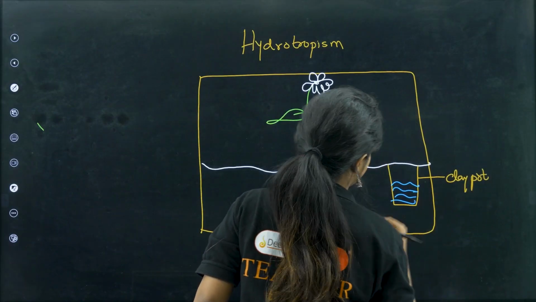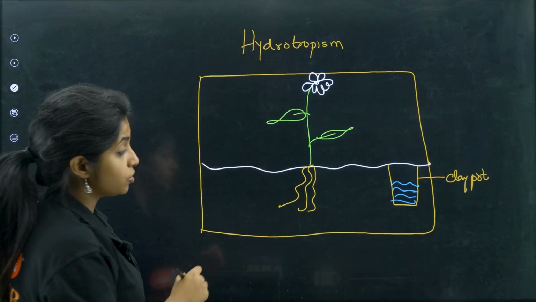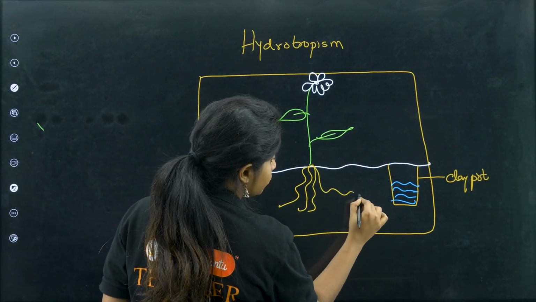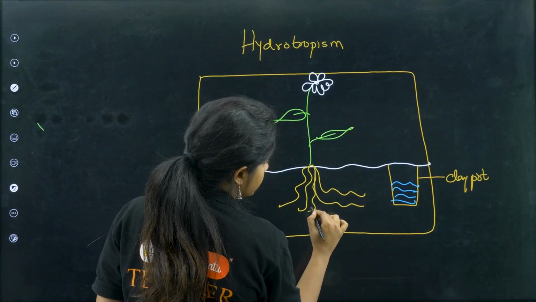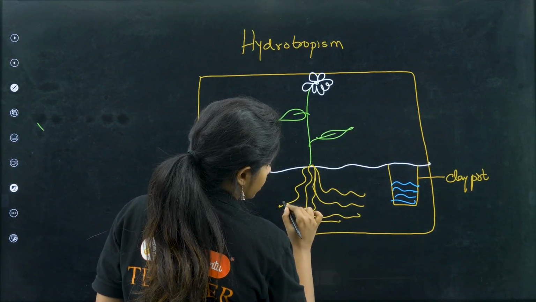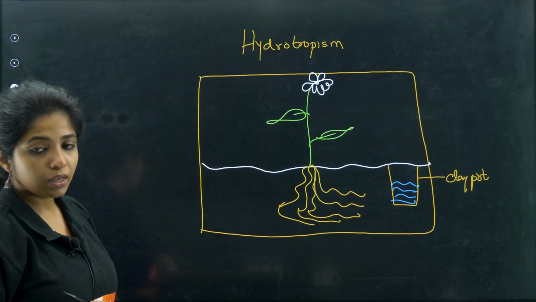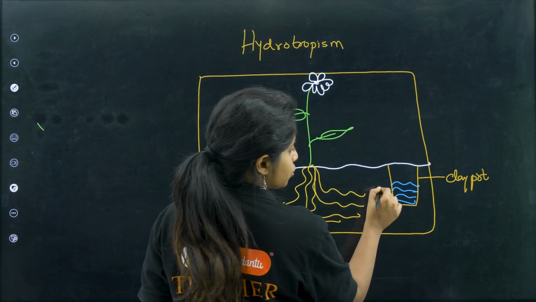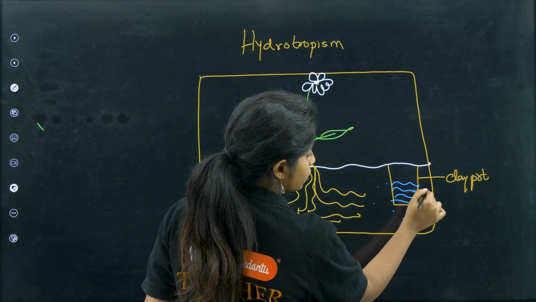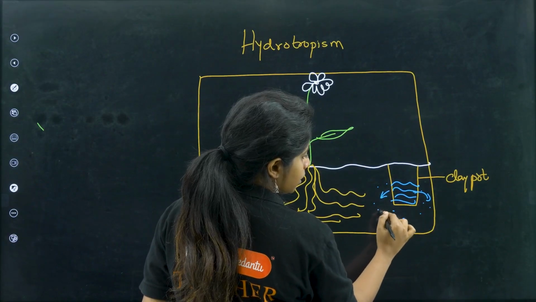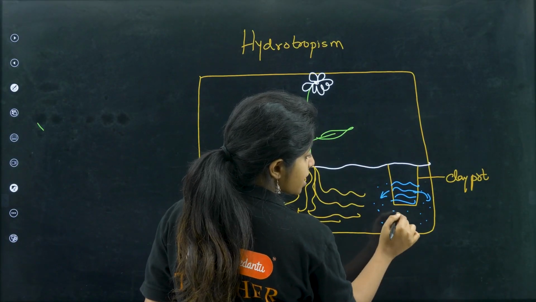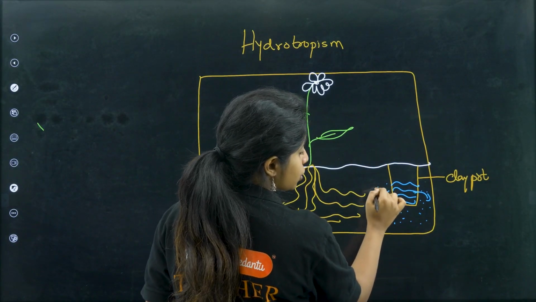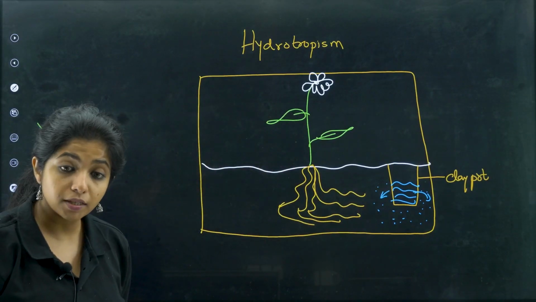So what will happen? The roots which are there will slowly start moving towards that side. Why, ma'am? Because clay pot, as you know, water can be easily transported with the help of clay pot. So over here the water molecules would be coming outside, which would make this region wet.